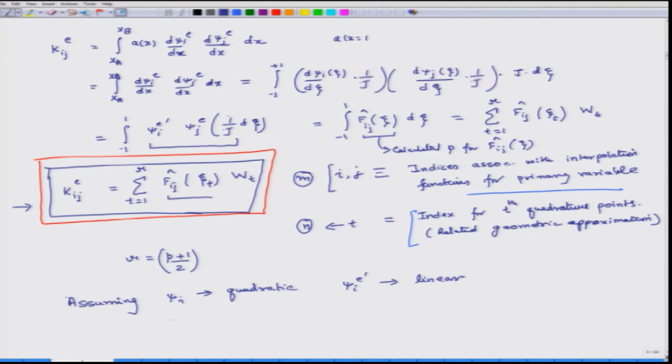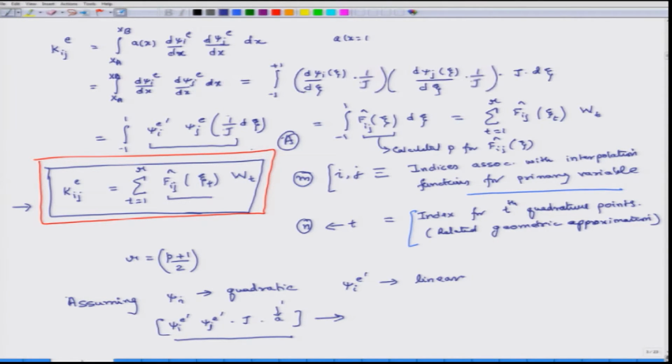So, that means psi I e prime times psi j e prime times j times a, which is 1. This entire expression is the integrand for this equation. This is equation 1, or I will call it equation A.